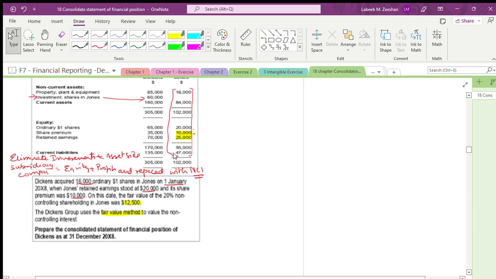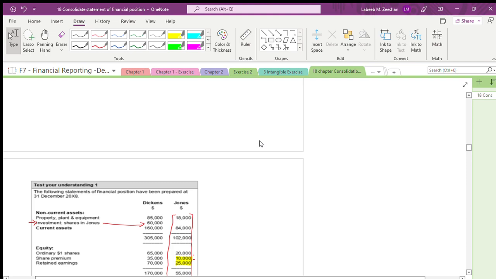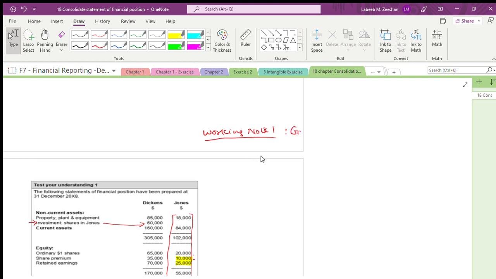What is the first working we have to do? The first working is working note 1. You have to write it like this: group structure.